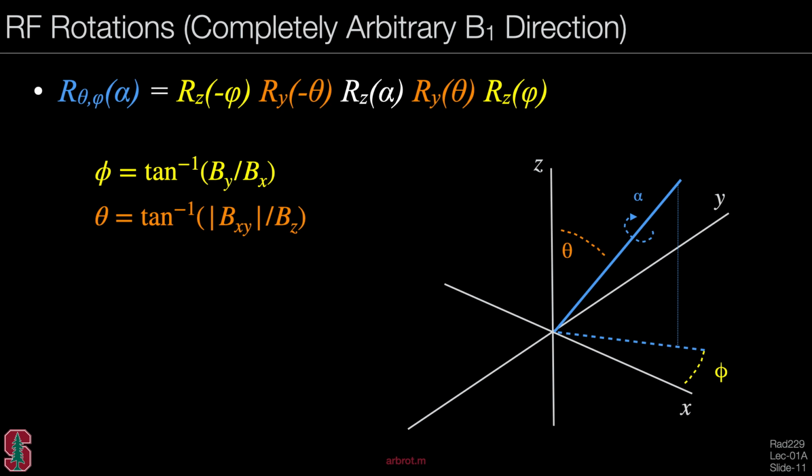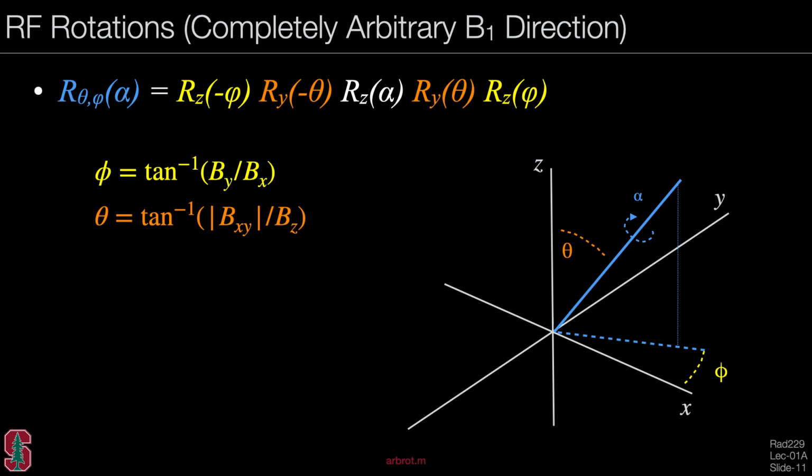And in some cases, we're actually going to need completely arbitrary rotation axes here. So this is a case where we might combine the B1 field with some off-resonance precession or gradient-induced precession, and we'll see this later. In this case, the expression is very complicated, so I'm not going to write that here.